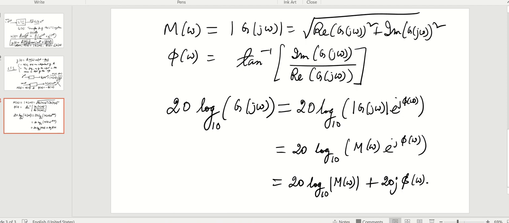So I think in the last class, if I recall correctly, I had missed this factor. Please incorporate this correction. This is a constant factor, by the way. You can call it some gamma. You can just replace this as some gamma. The important point here is that by splitting it up in the log form, you see the real part is exclusively a function of m omega, and the imaginary part is exclusively a function of the phase. So that is the interesting bit.